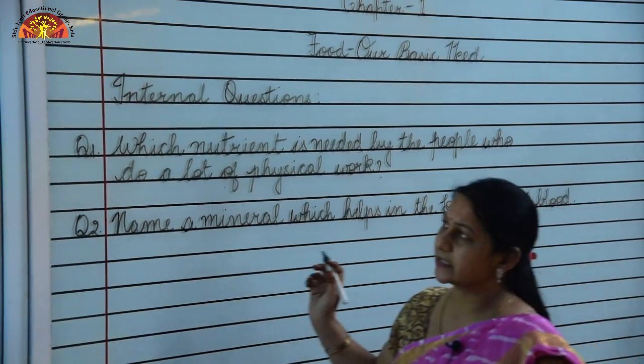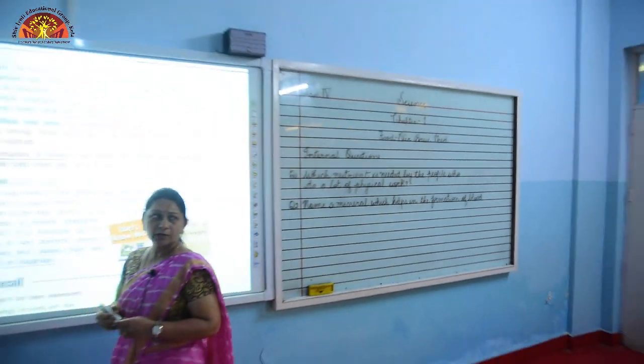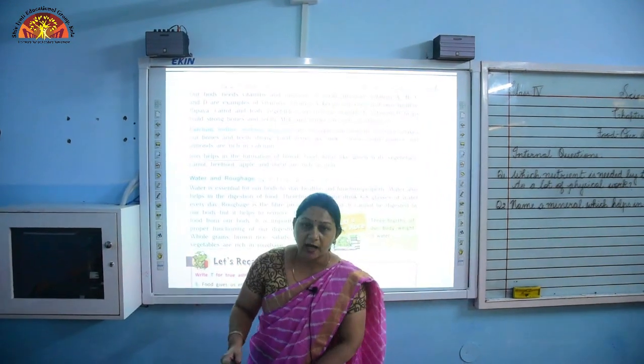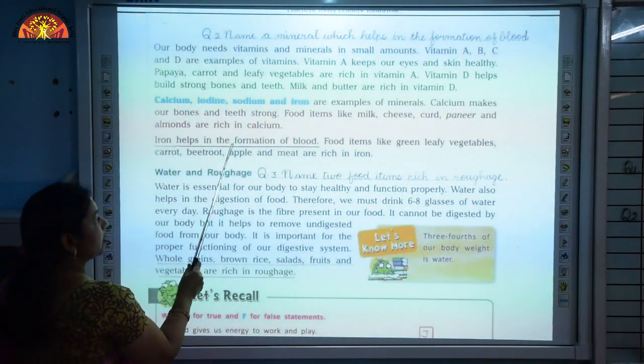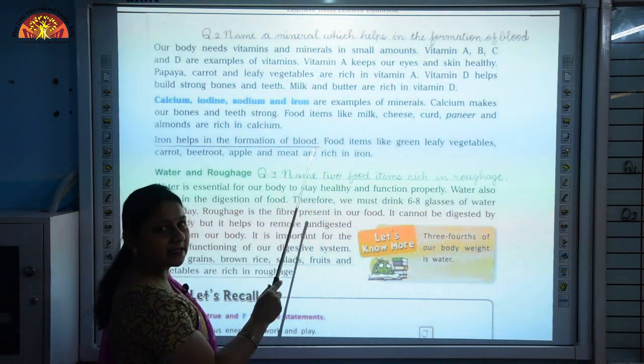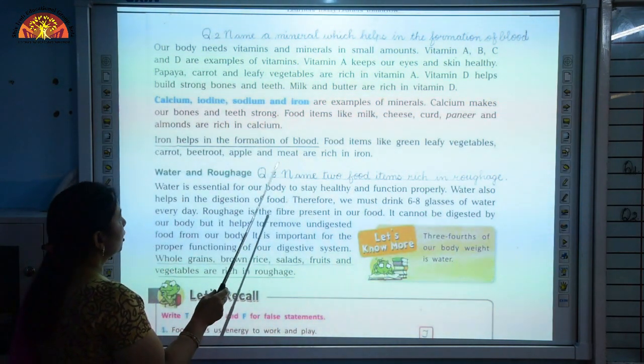This is the second internal question and you are going to mark the answer. Iron helps in the formation of blood. This is the answer for the second internal question.